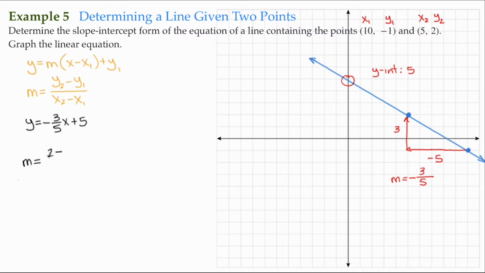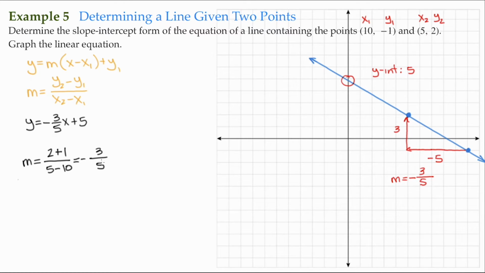And 2 minus -1 is 2 plus 1, that's 3. Then x₂, that's 5, minus x₁, that's 10. 5 minus 10 is -5. So there's our slope, -3/5, which we were able to determine graphically, just by observing.